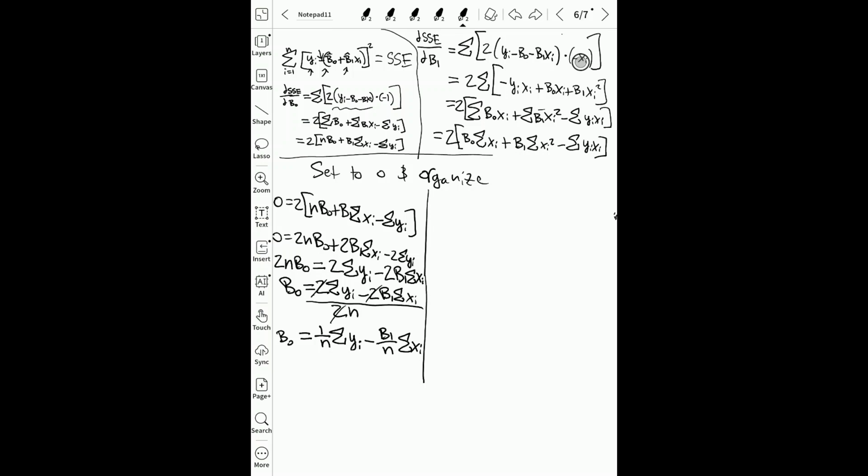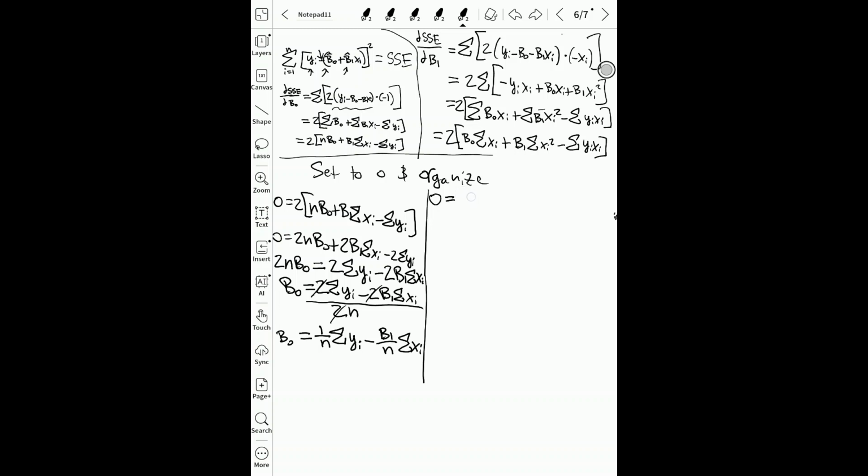And now that we've got beta naught done, we still need to work on beta 1. So starting from where we left off, we need to set this equal to 0 and solve. So we'll go ahead and start by distributing that 2 out.